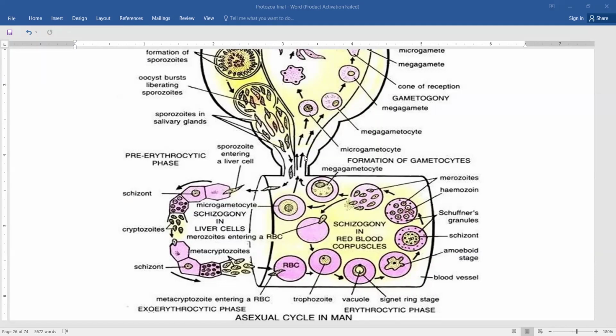Yeah. So yesterday I explained to you that some of the erythrocytic merozoites are transformed into gametocytes, not gametes, gametocytes.